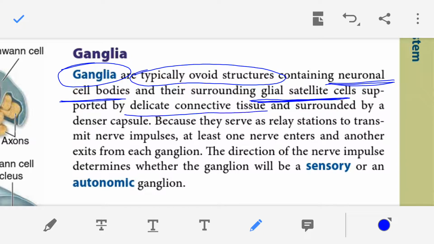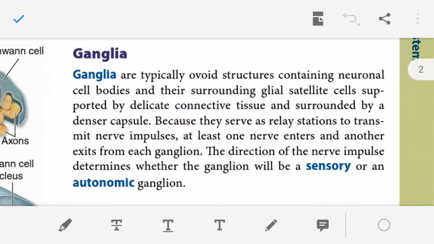Then delicate connective tissue is present, and all this is finally surrounded by a denser capsule, which is also made up of connective tissue. So in the structure of ganglia, we can say neuronal cell bodies plus glial satellite cells plus delicate connective tissue, and all this is surrounded by a denser capsule of connective tissue.